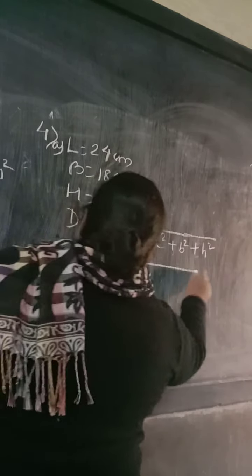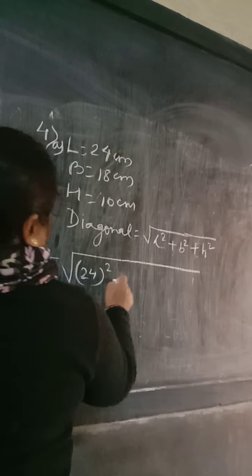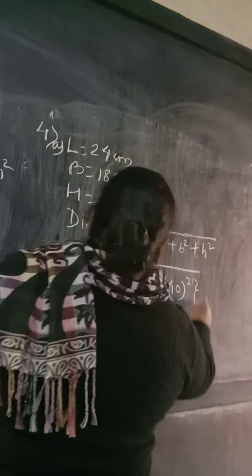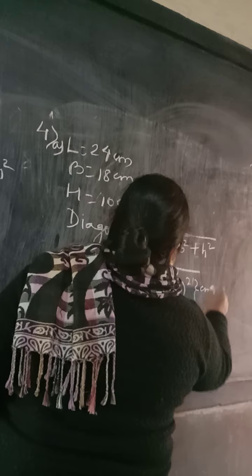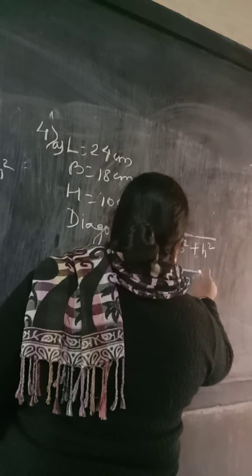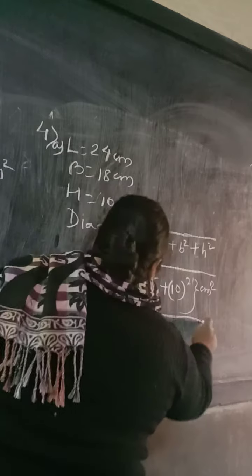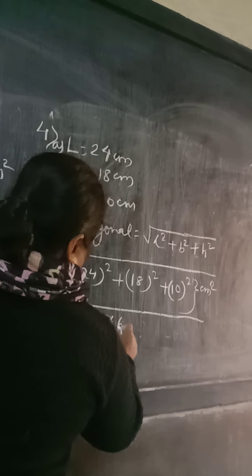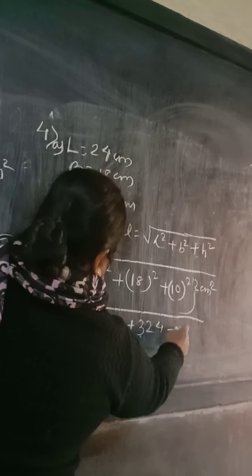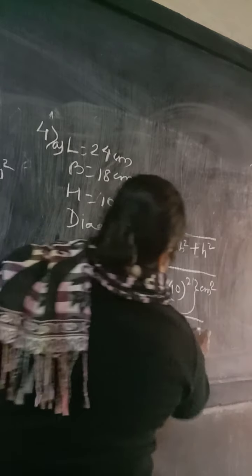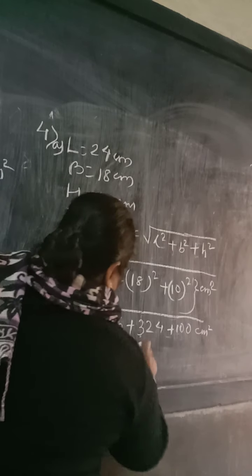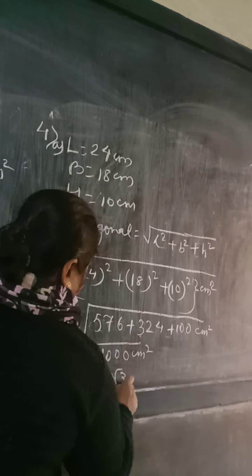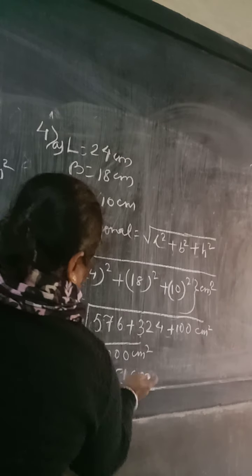Now we will be writing under root 24 square plus 18 square plus 10 square, and all together I am writing centimeter square. 24 square we already know, this is 576. 18 square is 324 and 10 square is 100 centimeter square, or 1000 centimeter square, or I can write it 10 root 10 centimeter.